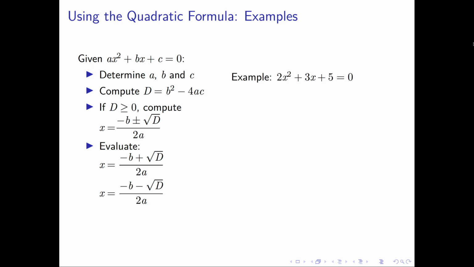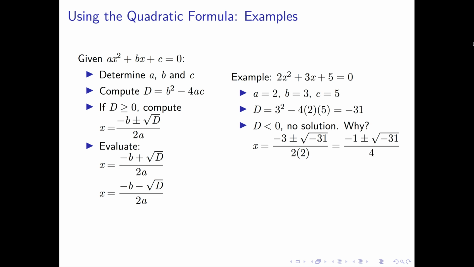Here's another example. 2x squared plus 3x plus 5 equals 0. Stop the video and restart when you've finished the problem. Okay, A is 2, B is 3, C is 5. We're going to compute the discriminant, 3 squared minus 4 times 2 times 5. That equals -31.